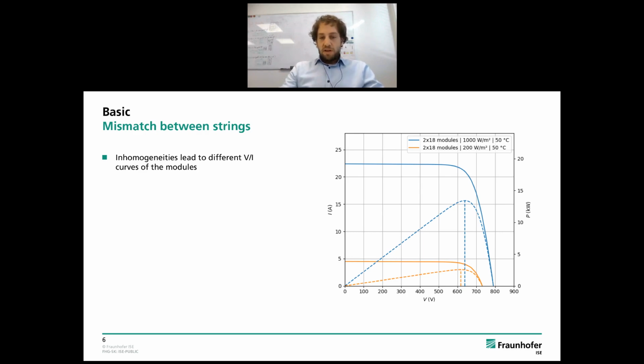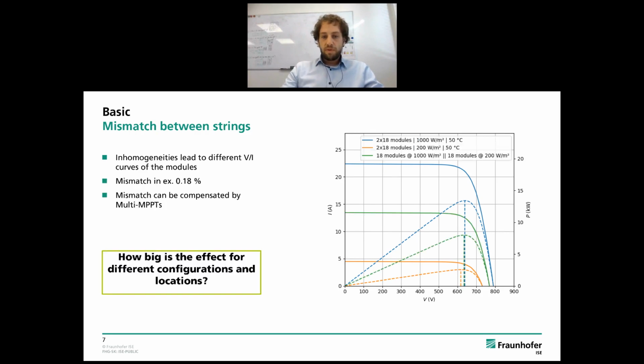When you do independent MPP tracking, the complete power of the system is just the sum of the two powers that can be drawn from each of the strings. But if you have only a single MPPT input and you parallelize these two strings, you get a resulting curve that corresponds, in this example, to the green curve here. So the MPP is somewhere in the middle between the two MPPs, and you will have mismatch losses.